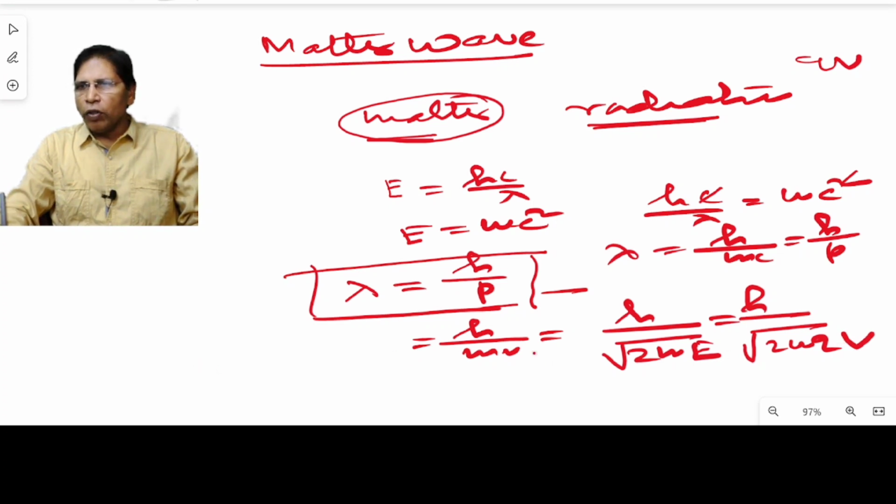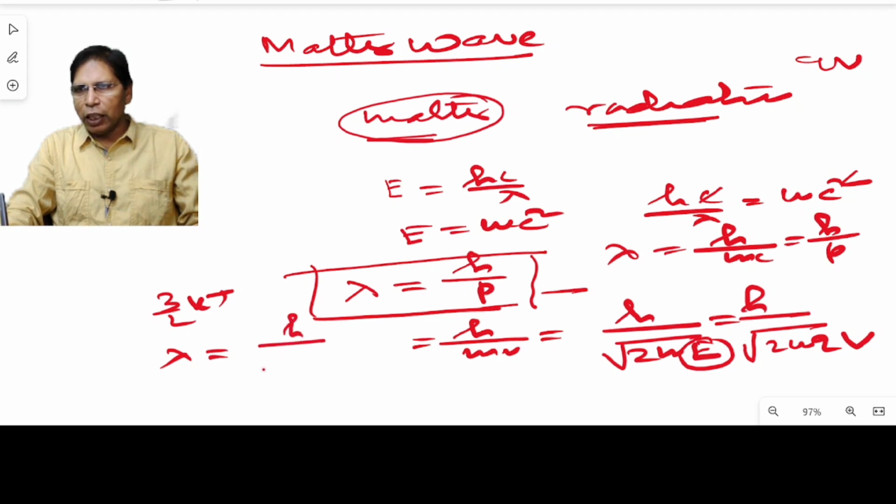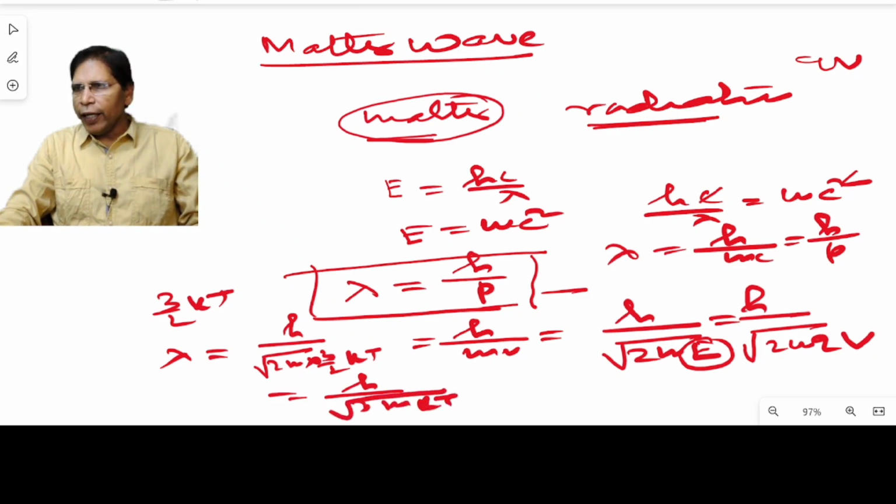Now E can also be replaced by 3/2 kT. So look at this lambda. Now lambda becomes h divided by root of 2m into 3/2 kT. So look at this, this is h by root of 3mkT.